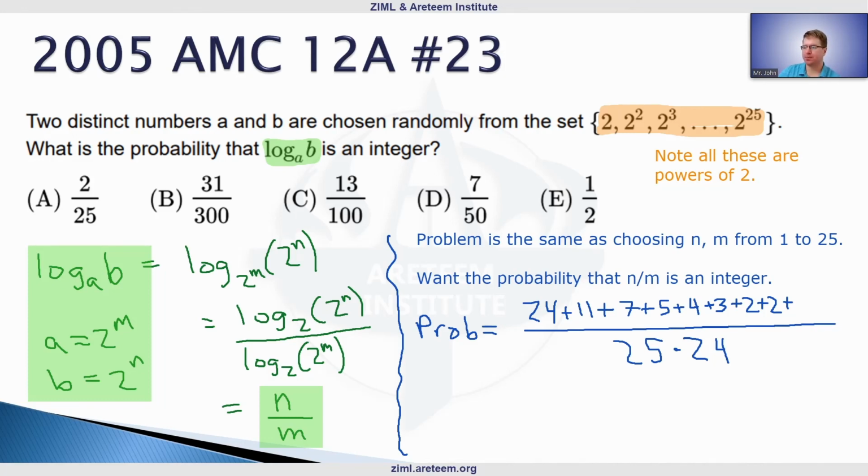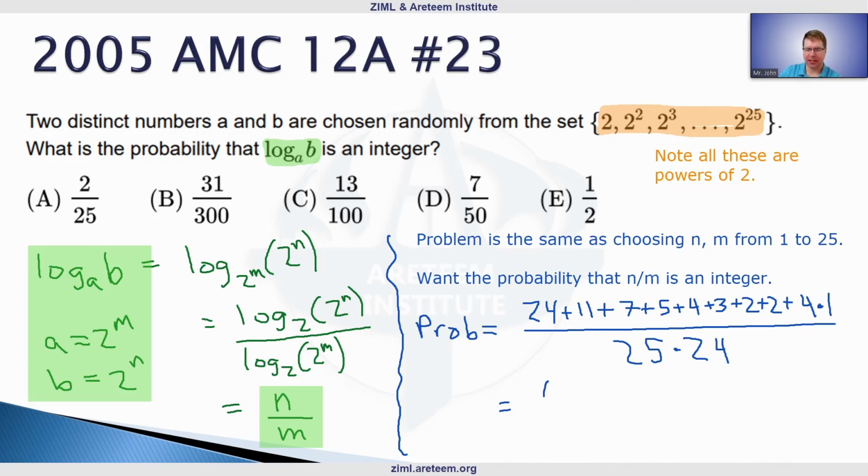We can go up to 12 because 12 times 2 is 24. But notice that once we get up to 9, we only have 1. So let me save a little bit of space here. For 9, 10, 11, and 12, there is only 1 additional multiple each. So let me say 4 times 1 in this case. And now it's just something you can calculate.